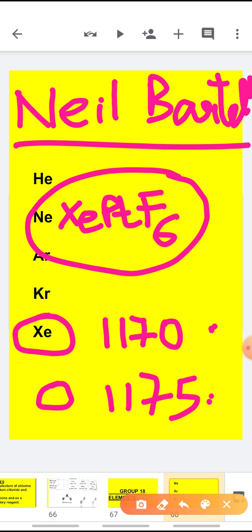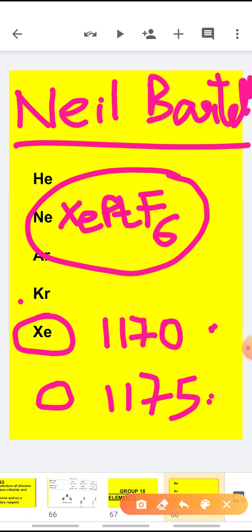Now the compounds of krypton are very few. Krypton also makes compounds, but there are very few. Only the difluorides like KrF2 have been studied in detail. Compounds of the last element, radon, have not been isolated yet, because the element radon has a very short life.